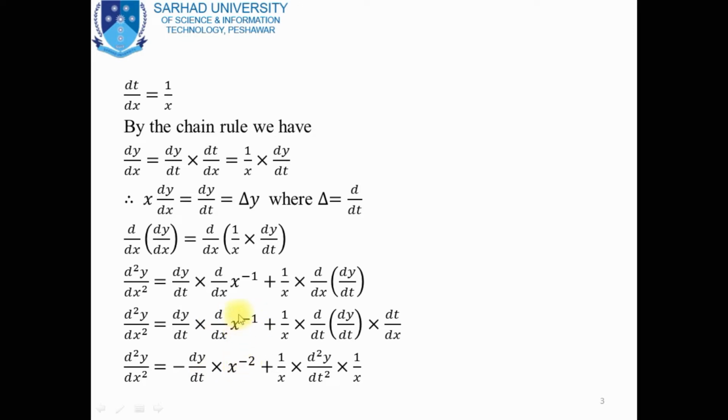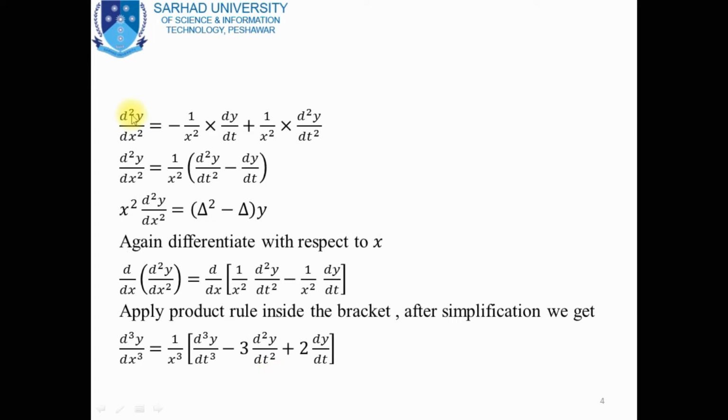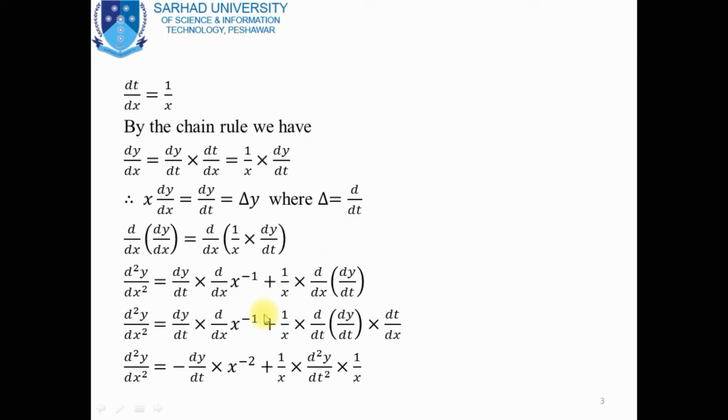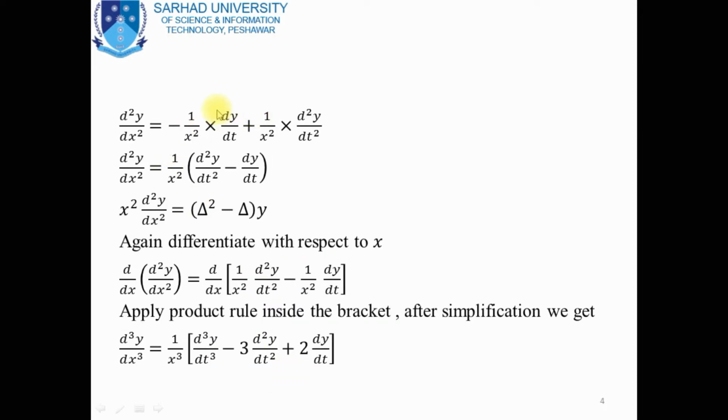Taking the derivative of x^(-1), we obtain minus dy/dt multiplied by x^(-2), plus 1 over x multiplied by d²y/dt² multiplied by 1 over x. Now d²y/dx² is equal to minus 1 over x² multiplied by dy/dt plus 1 over x² multiplied by d²y/dt². So after simplification, this is the result.